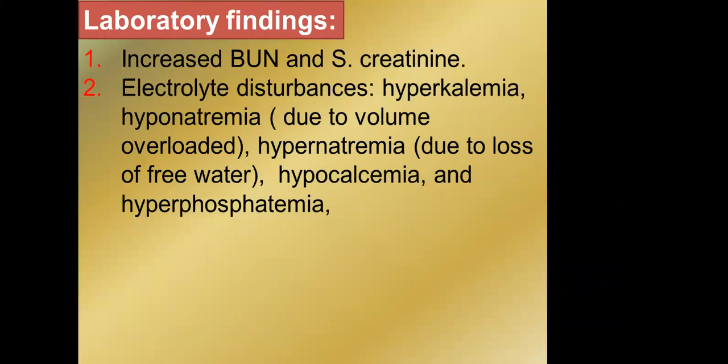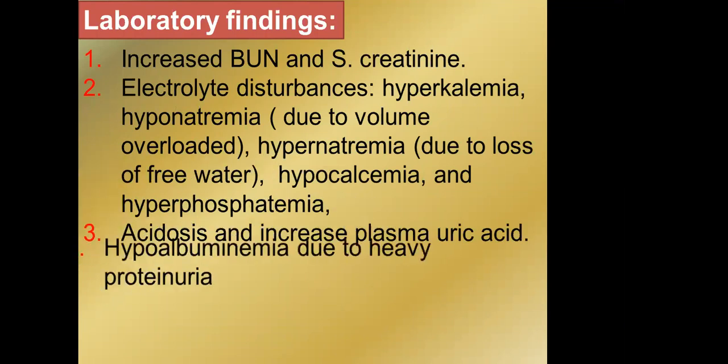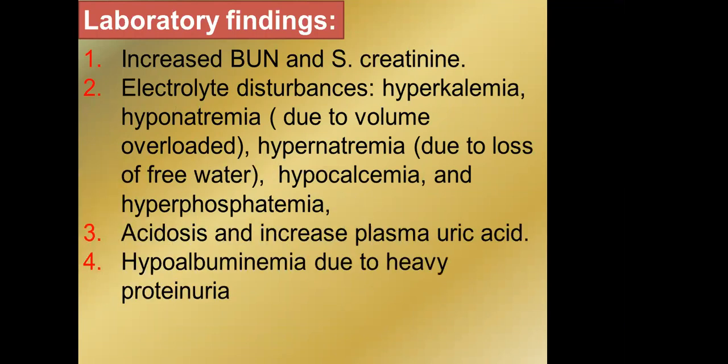Hyponatremia, which is due to volume overload, that means dilutional hyponatremia. Hypernatremia due to loss of free water, hypocalcemia, and hyperphosphatemia. These are electrolyte disturbances which might occur in chronic kidney disease. Acidosis and increased plasma uric acid. Hypoalbuminemia due to heavy proteinuria.